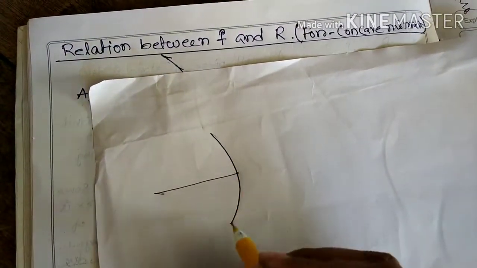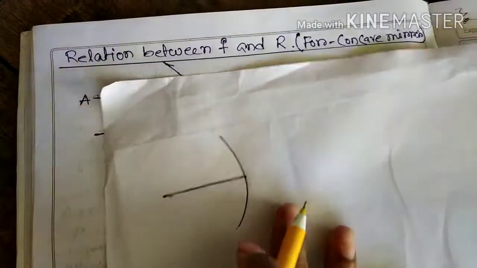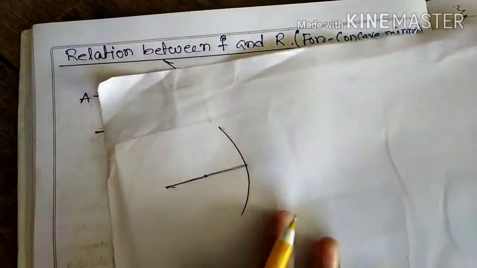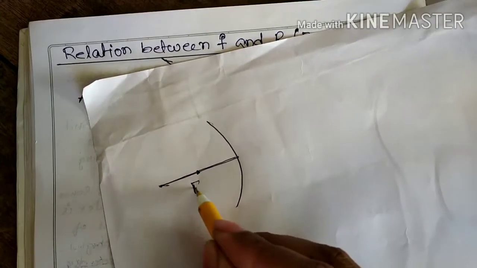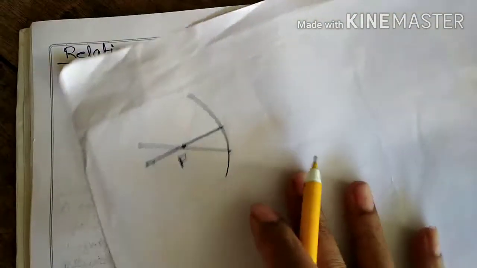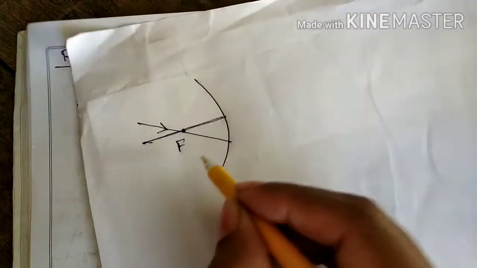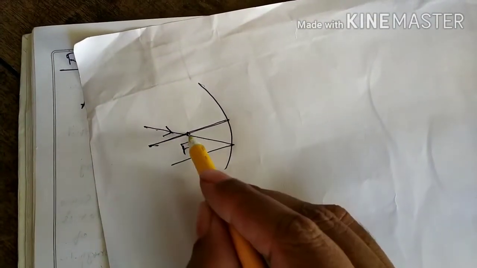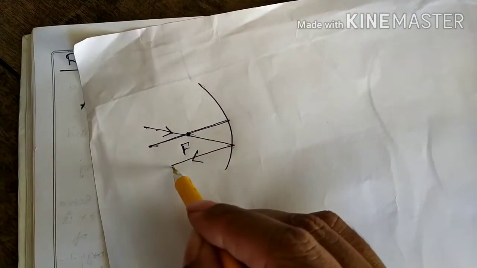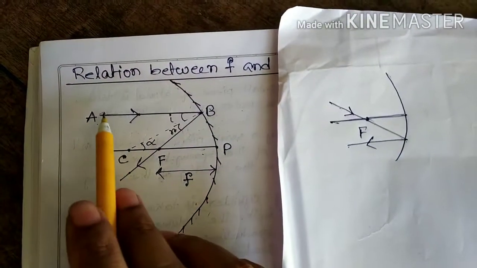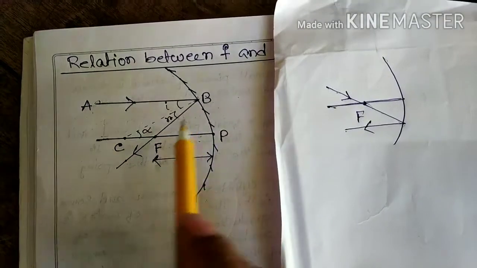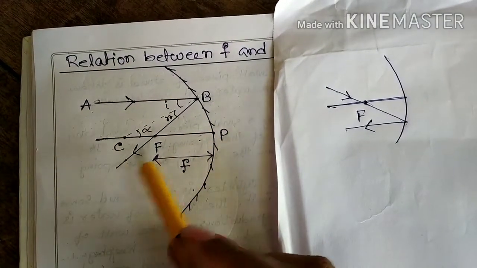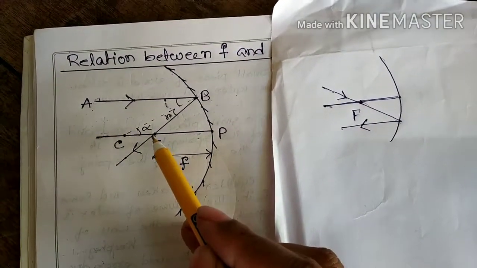suppose this is a concave mirror, this is the principal axis, and here is the focus. If any incident ray comes through the focus, after reflection it will go parallel. And if any ray comes parallel to the principal axis, after reflection it will go through the focus.